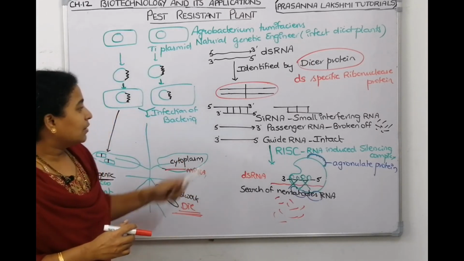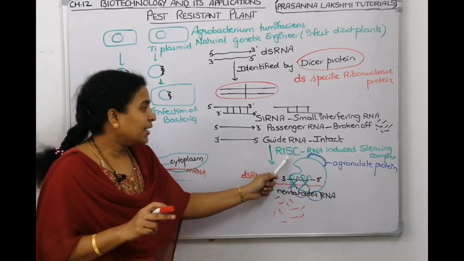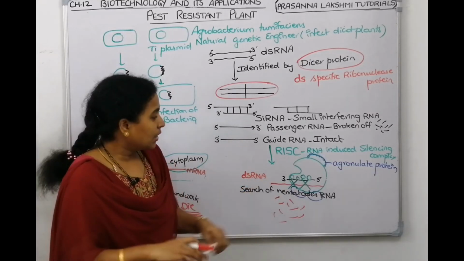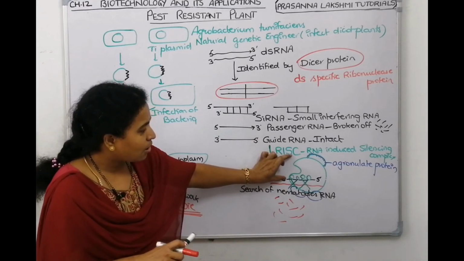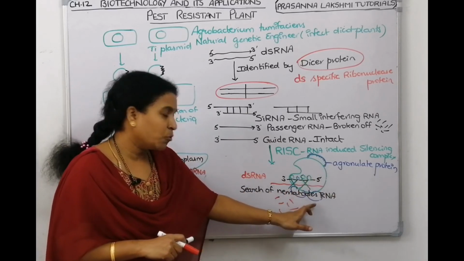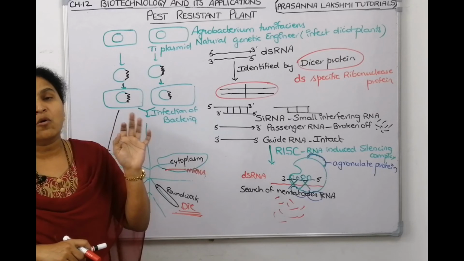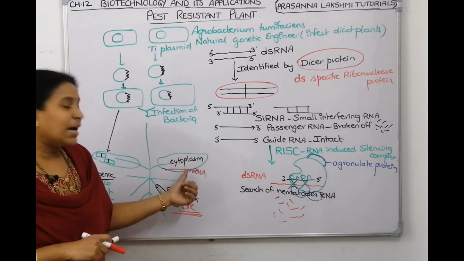Understood? So, the guide RNA is going and binding to the RNA induced silencing complex, which has an Argonaute protein and two more proteins that take the guide RNA, and both are going in search of nematode RNA.